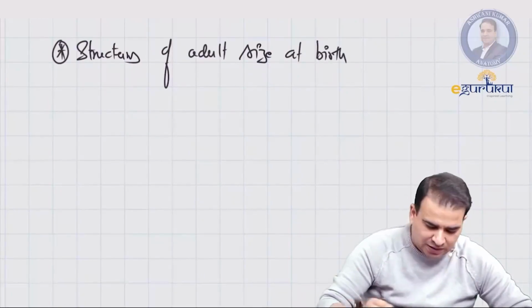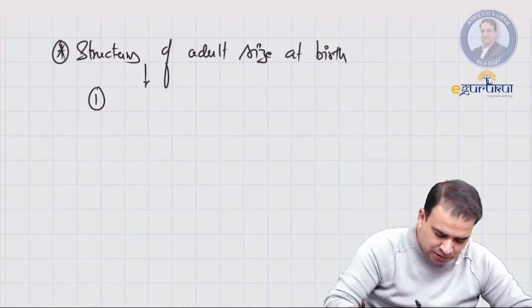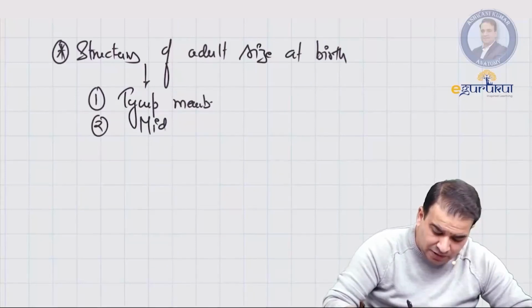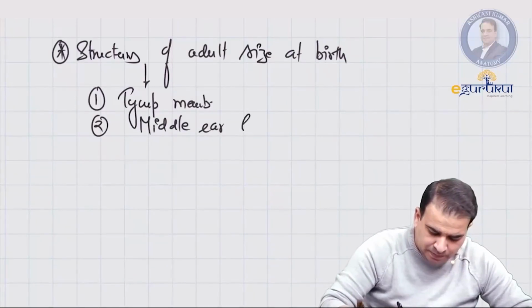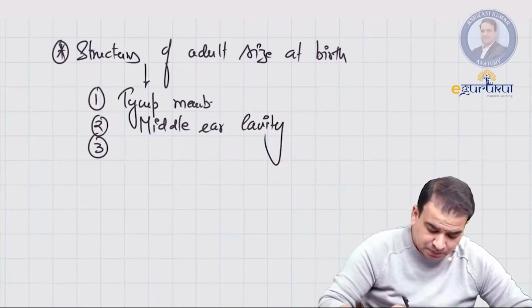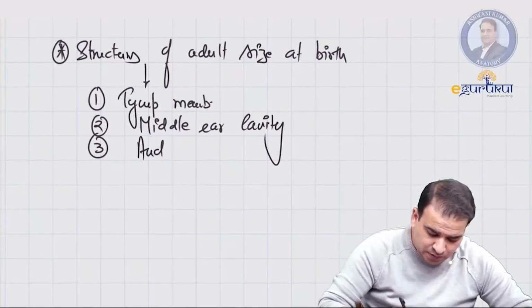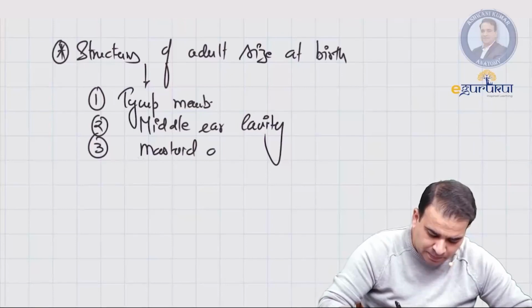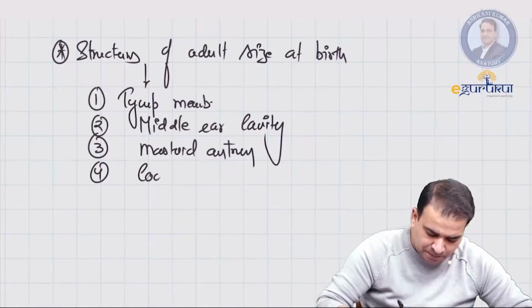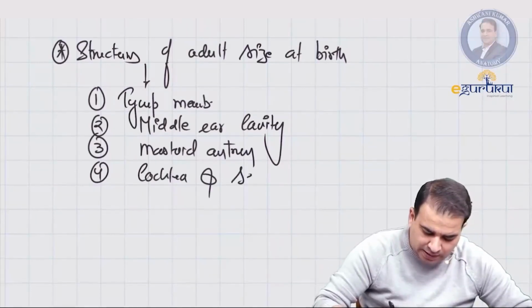The structures which are of adult size at birth include, number one, the tympanic membrane. Number two, middle ear cavity. Number three, auditory tube. Then it includes the mastoid antrum, cochlea and semicircular canal.